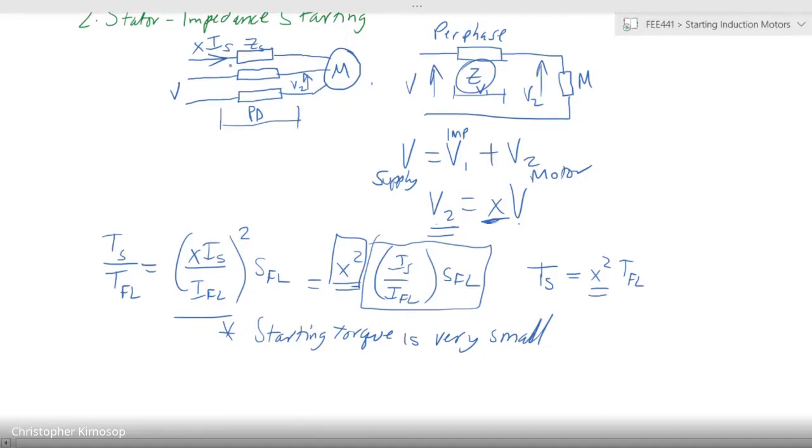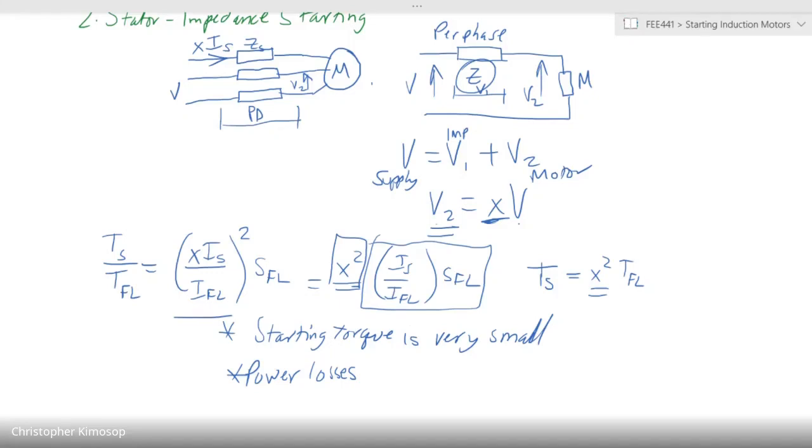You are dropping the current because you want to reduce the voltage. So at the same time that you're dropping the voltage, you also drop the current. So you have power losses due to this method. Okay, so those are the disadvantages of that particular method.